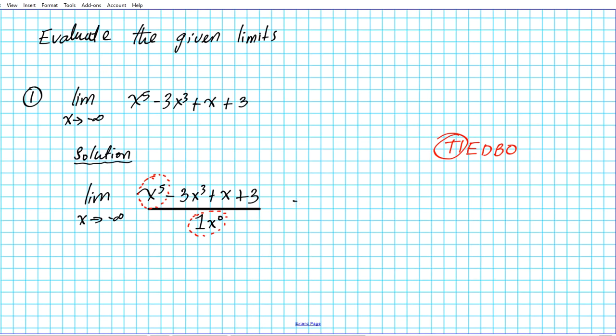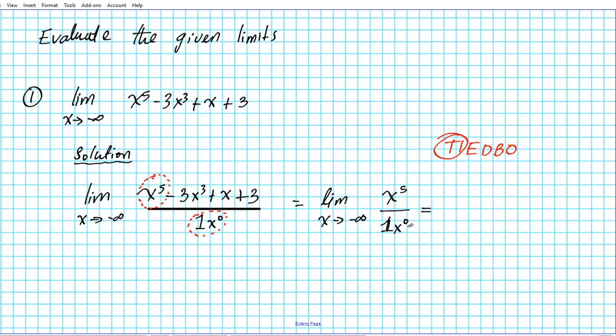So this reduces to the limit as x approaches negative infinity of x to the fifth divided by 1x to the 0th power. This is because in the numerator, the fastest growing term is the one that influences the limit, and in the denominator, the same applies. So here we're going to substitute.